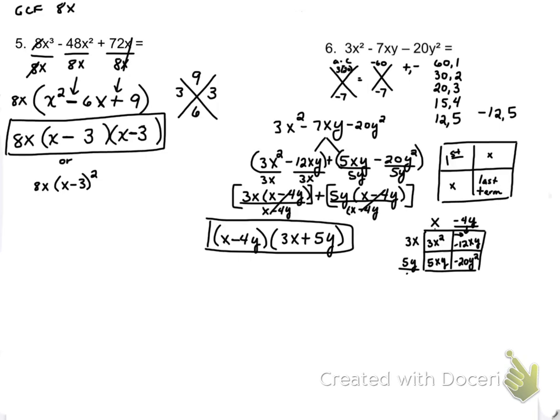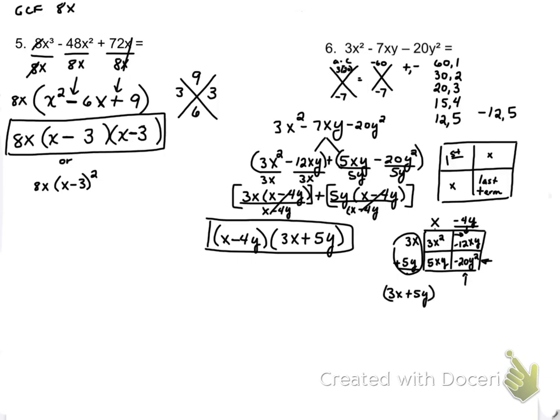And then the last check is you multiply to see if those numbers get you this: do this 5y and the negative 4y give you negative 20y squared, and that does. So we've done this correctly. So then you look, this is a plus. This is one of your factors, 3x plus 5y.